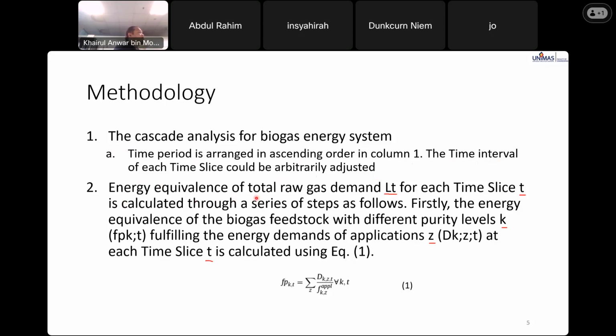The energy equivalent of total raw gas demand, LT, for each time slice T is calculated through a series of steps as follows. Firstly, the energy equivalent of the biogas feedstock with different purity level K, refer to the paper.